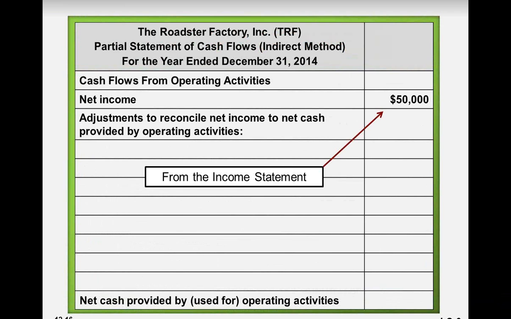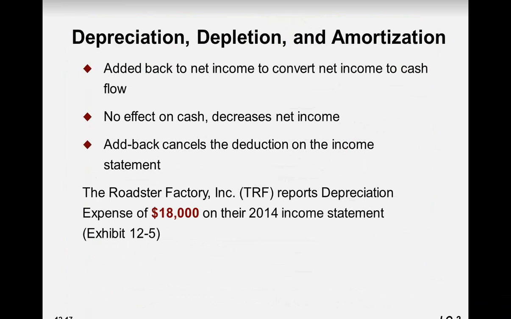Okay, so we've pulled our $50,000, then we need to look at our income statement. Do you see on your income statement on page 672 any gains, losses, depreciation, amortization, or depletion?